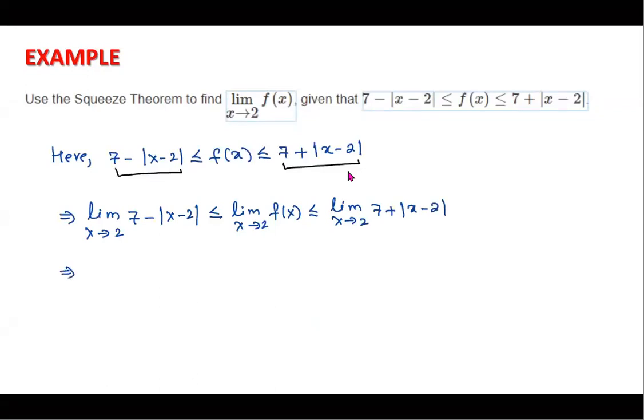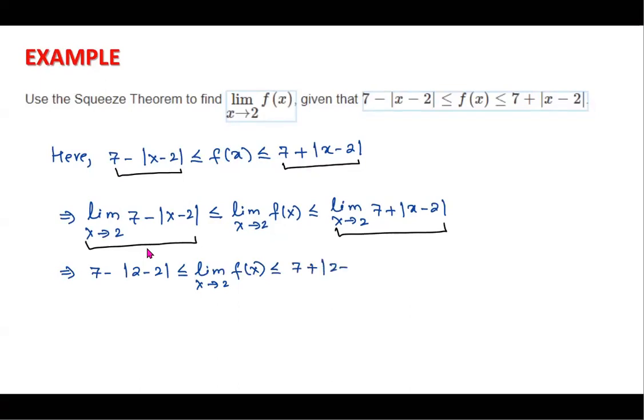Then, if you look at the lower end and the upper end, we can find the limit of these by direct substitution because there is no denominator to make it 0 and there is no radical. So we can directly substitute and find the limit. If we substitute, it will be 7 minus the absolute value of 2 minus 2, because x is 2, less than or equal to the limit as x approaches 2 of the function, less than or equal to 7 plus the absolute value of 2 minus 2.